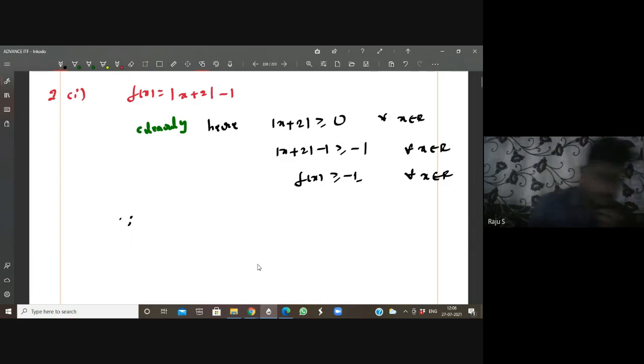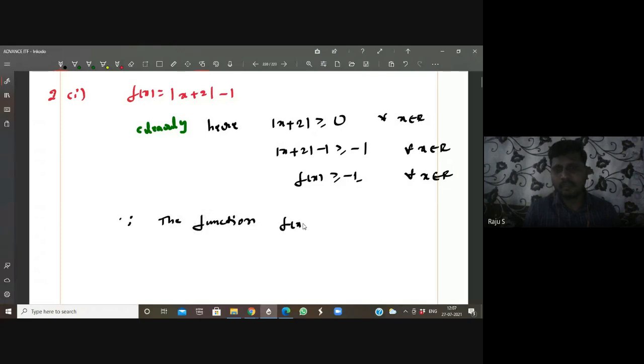Minimum. Therefore the function f of x has a minimum.